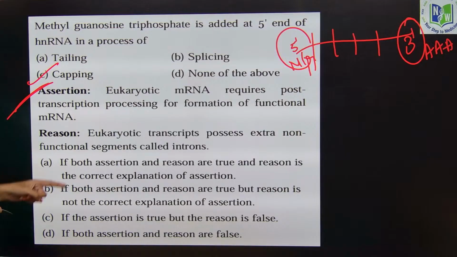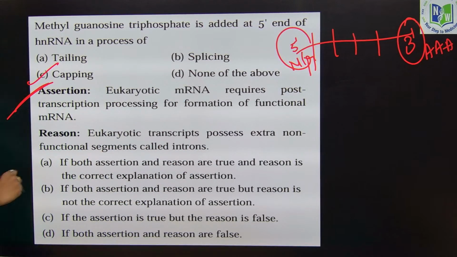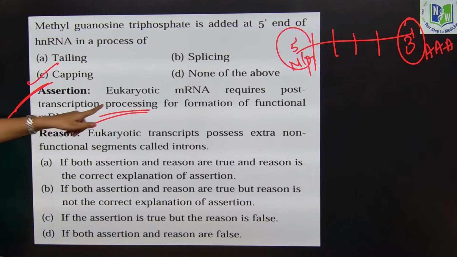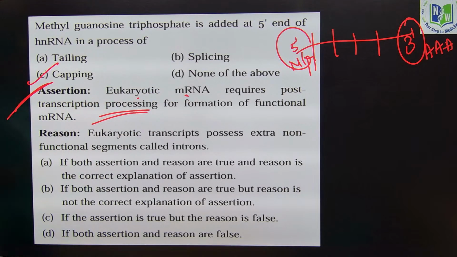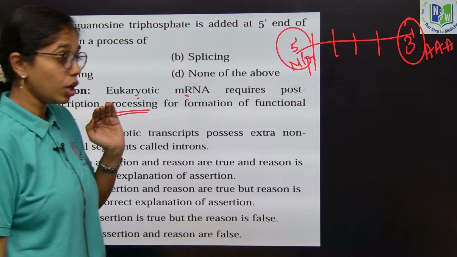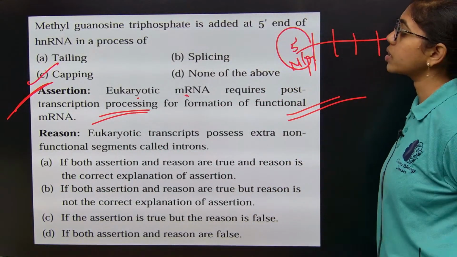Next question, assertion reason type of question. In assertion, eukaryotic mRNA requires post-transcription processing for the formation of functional mRNA. True, just now we have discussed those post-transcriptional events.